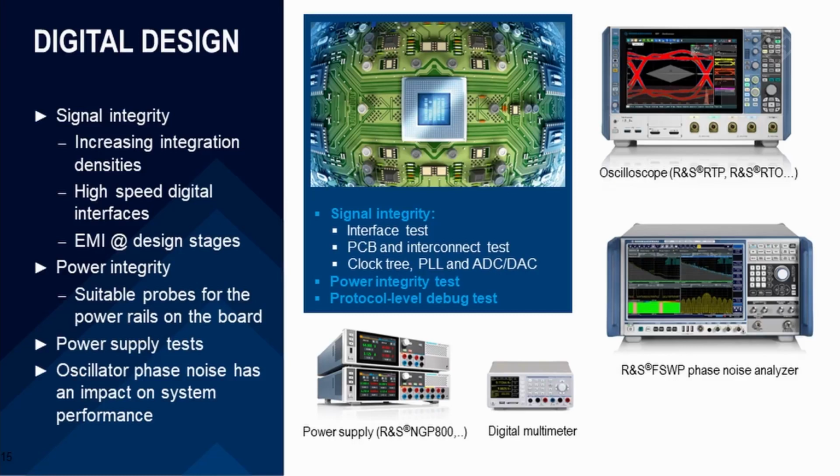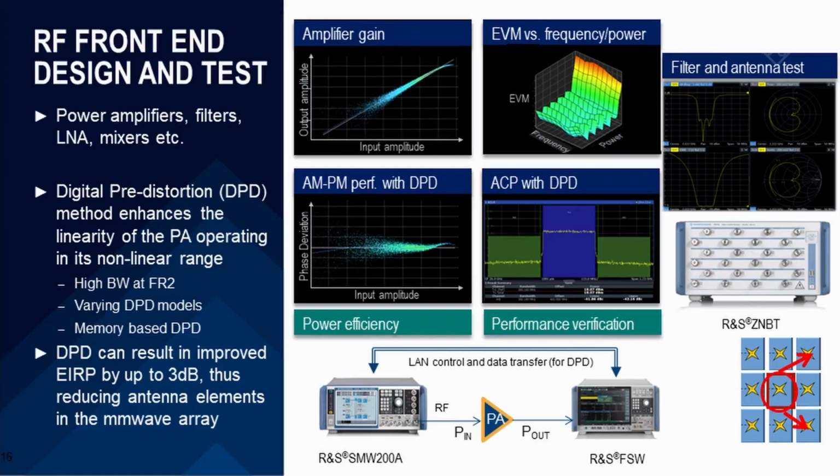So next, moving on to the front-end design and testing. Here there are many components like power amplifiers, filters, LNAs, mixers, etc. Let's choose the power amplifier as an example. We need to measure the gain and the EVM performance, and we also have methods like DPD, digital pre-distortion, which is used to enhance the linearity of the power amplifier operating in its nonlinear range.